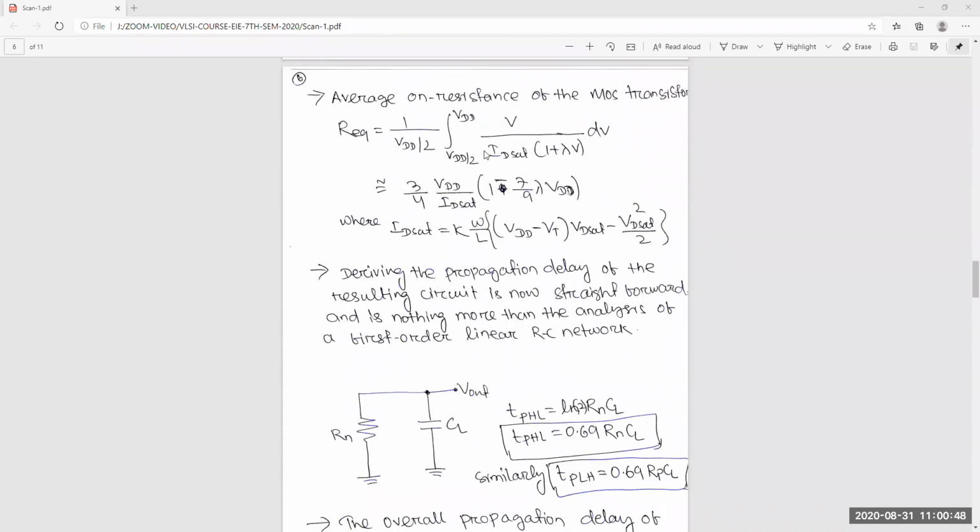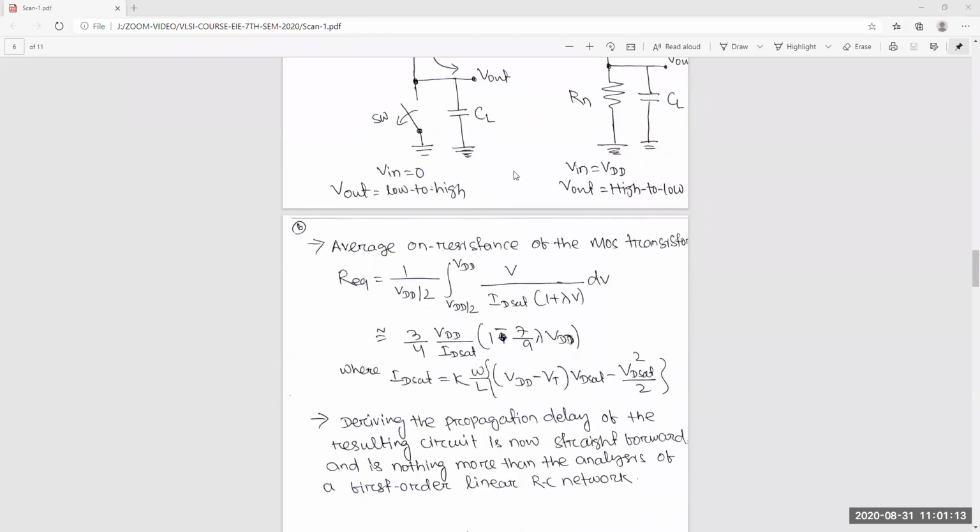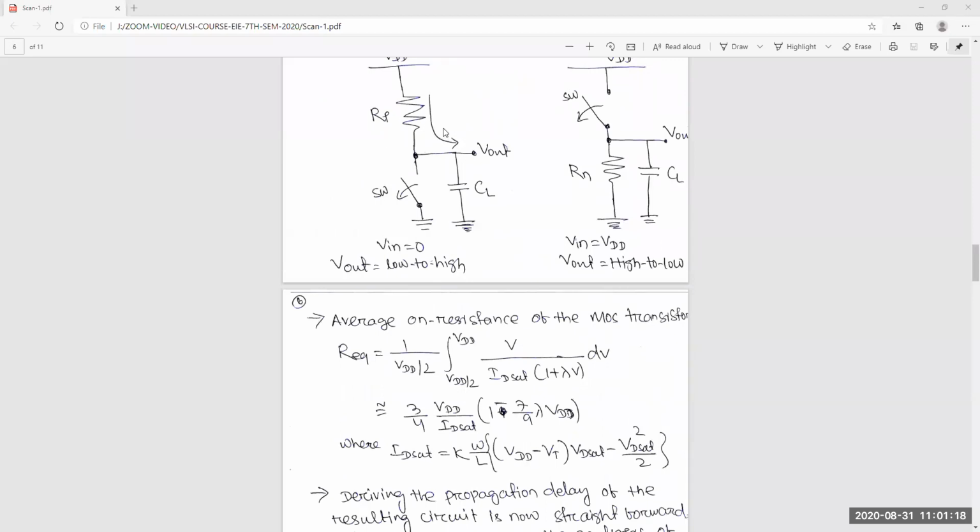Okay. So now I said that charging and discharging things. But how to predict this RP value? This RP or RN value. Generally, we have not discussed this, but you can get the derivation in the Rabaey book, chapter 3. How this RP will be calculated, how RN will be calculated. So if you want to know these things in a better way, definitely you have to go there.